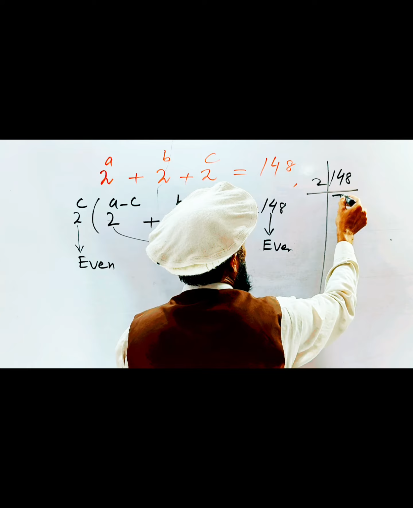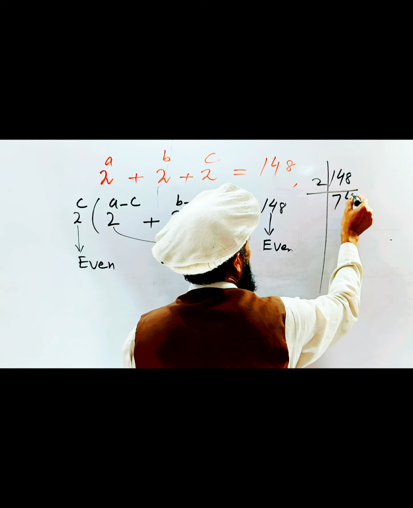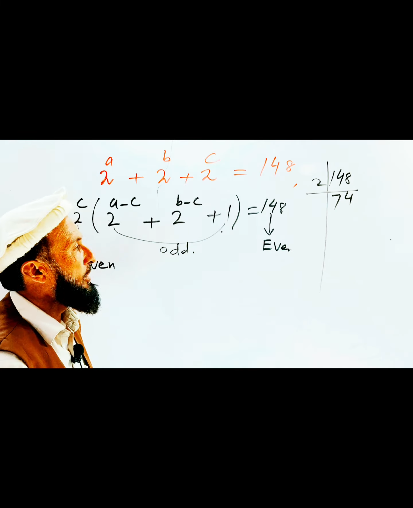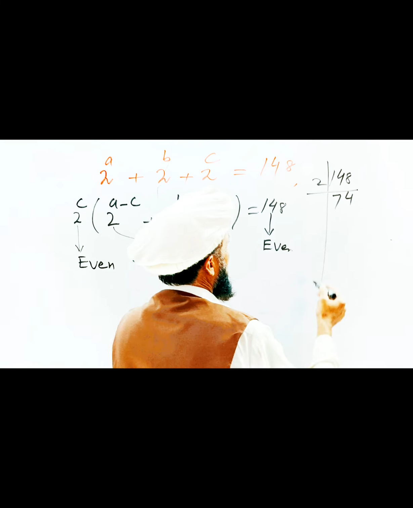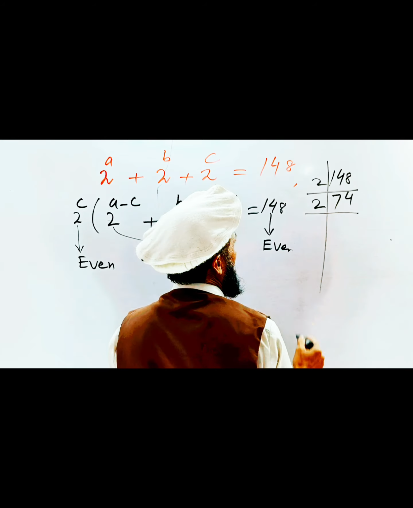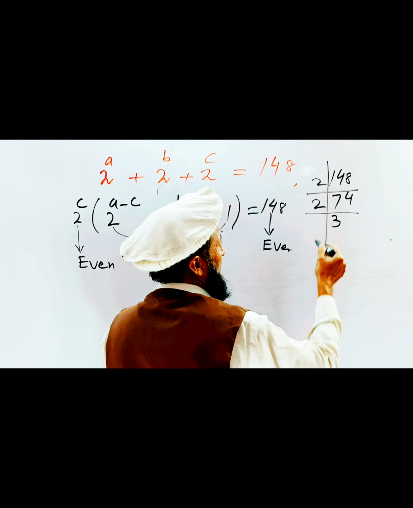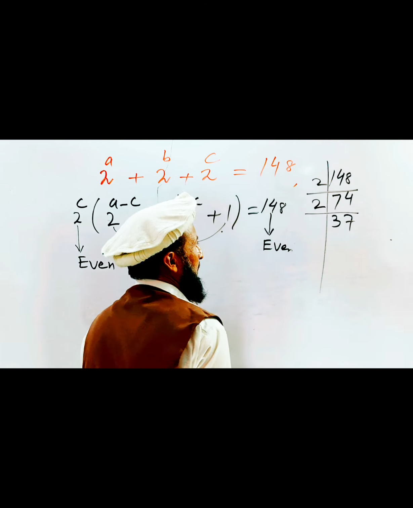So 2 multiplied by 74, which is an even number, so we need 2 multiplied by 2 multiplied by 37.